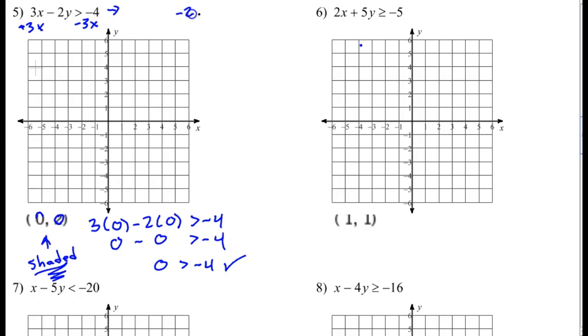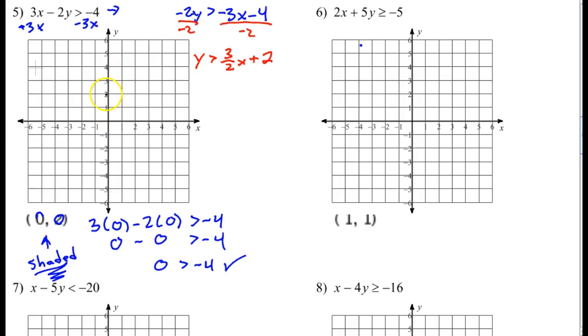So we get negative 2y is greater than negative 3x minus 4, and divide both sides by negative 2. Right? So we get y, we get positive 3 over 2 because negative over negative is positive, and we get positive 2 here because negative 4 divided by negative 2 is positive 2. So watch out for those negatives, show the work so we don't miss on something like that. Bring down your sign.